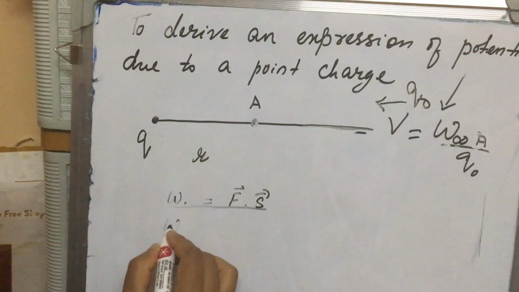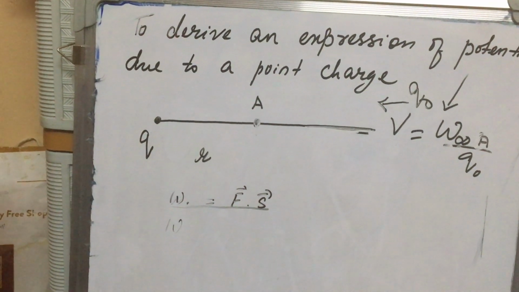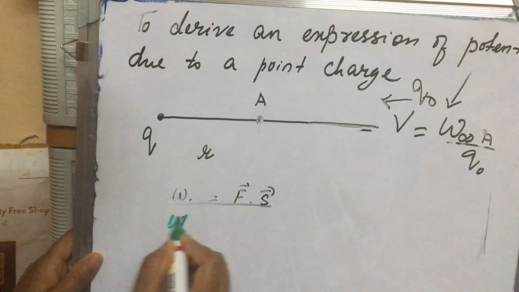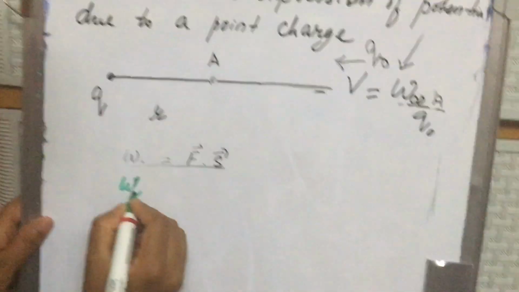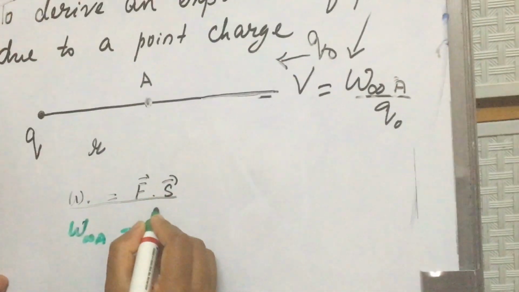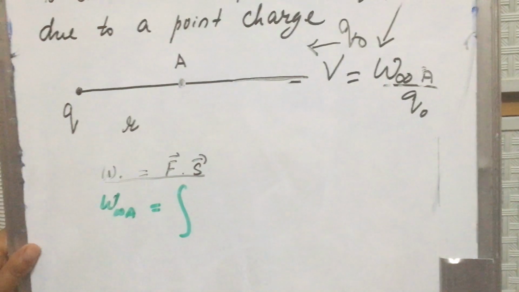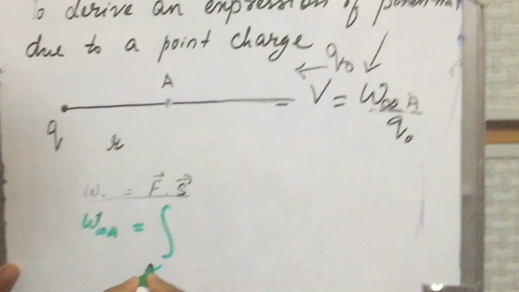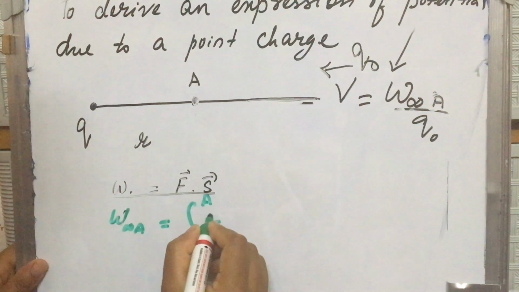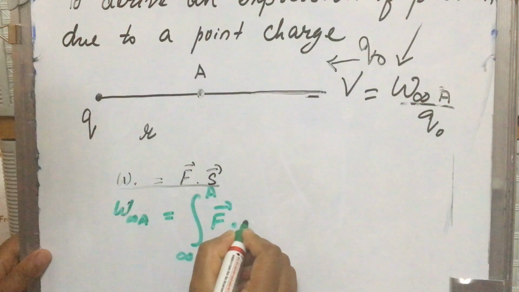So if the force is not constant, then how to find out the work done? Work done from infinity to this point A, if the force is a variable force, is the integral from infinity to A of F dot dl.